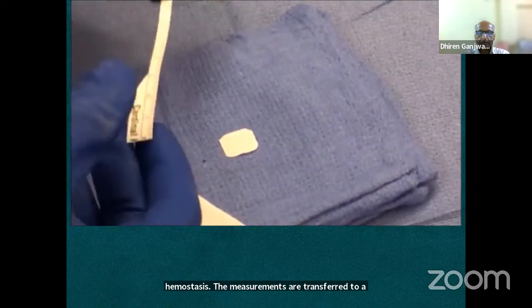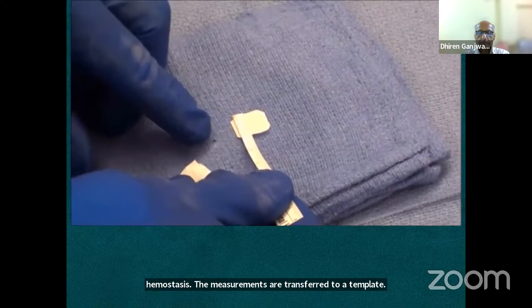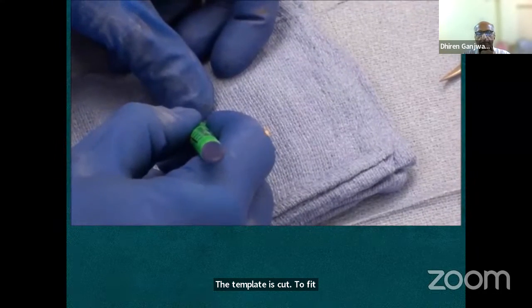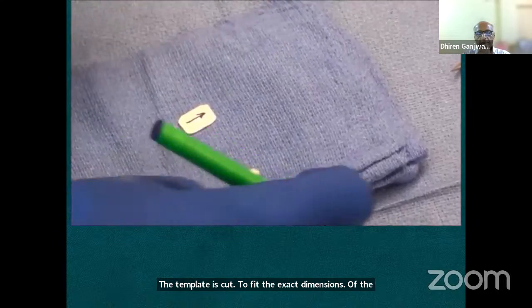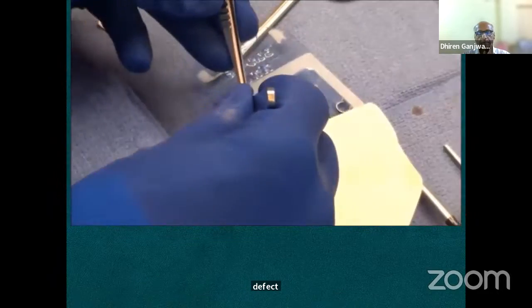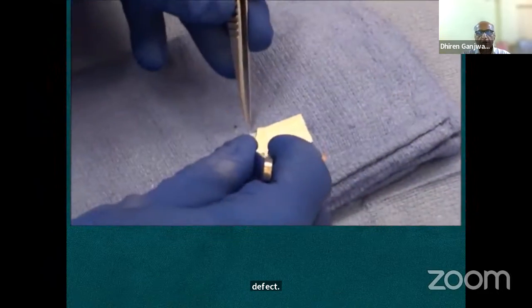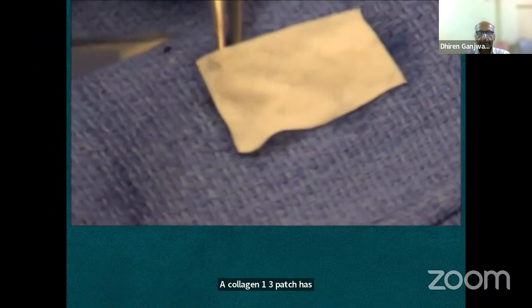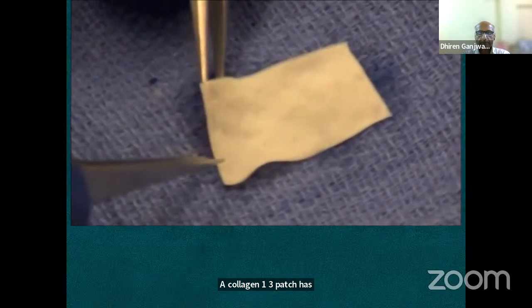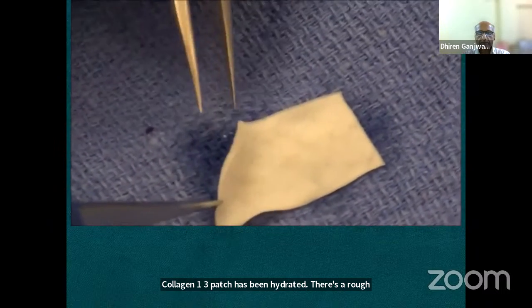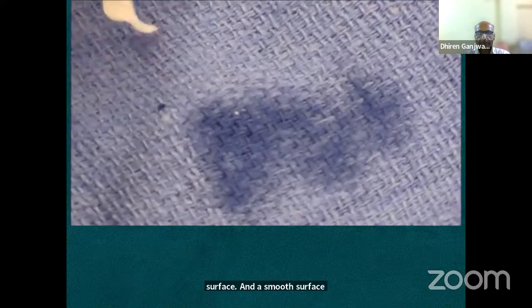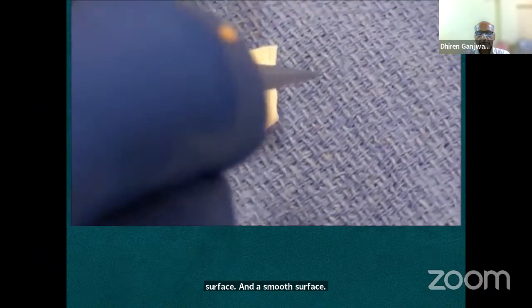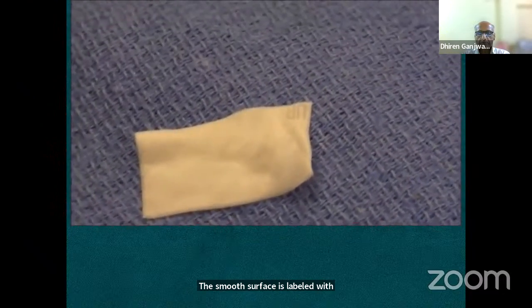The template is cut to fit the exact dimensions of the defect and marked for orientation. This is a collagen membrane. A collagen 1,3 patch has been hydrated. There's a rough surface and a smooth surface. The smooth surface is labeled with an UP, as you can see.